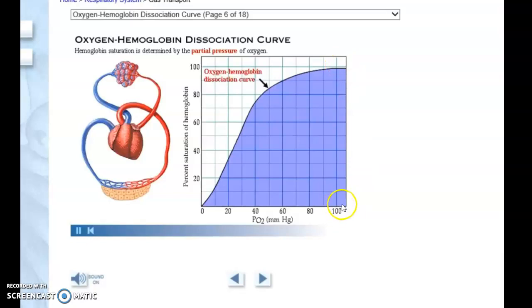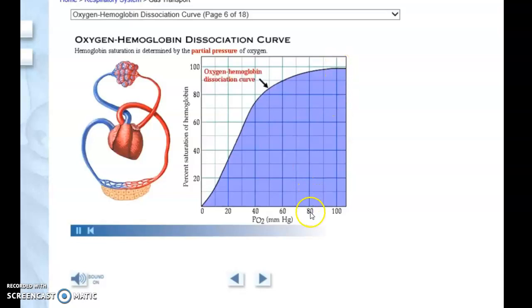So here's my partial pressure, and it goes a little bit above 100 here. How much of my red blood cell would be saturated? About 98%.